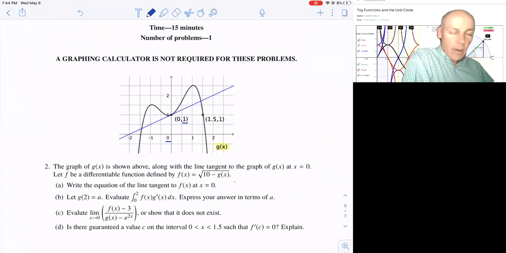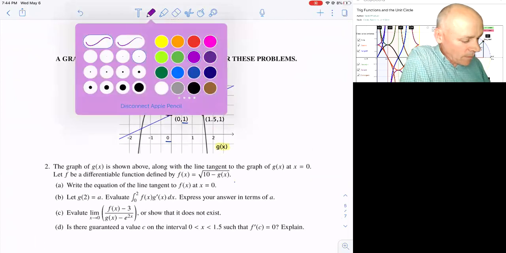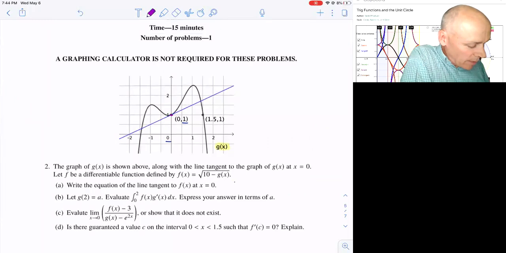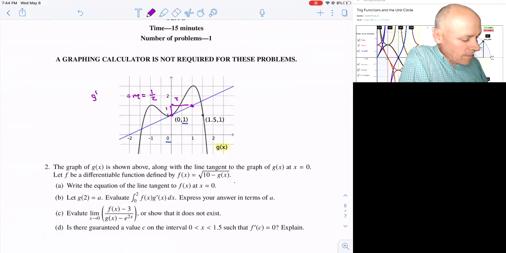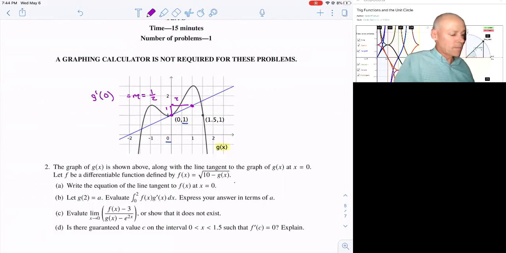Well, what I'm going to use to find that is the slope of my tangent line at x equals 0. So I just got to figure out, hey, what's the slope of that tangent line? Well, good news is I got a point there. I got a point there. I'm going up 1. I'm going to the right 2. Slope of that line, m is equal to 1/2. That is g prime at 0.